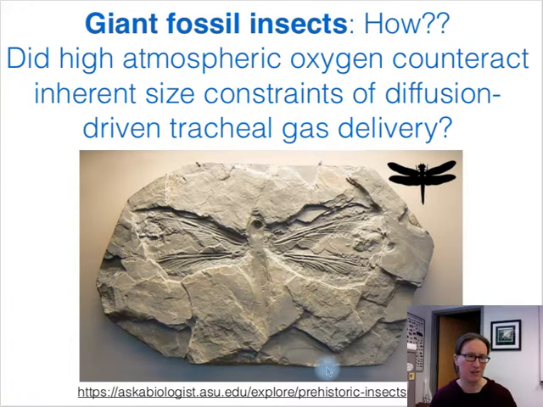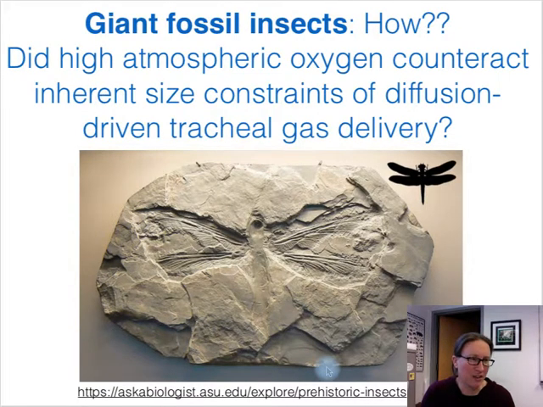Okay. There's some other interesting quirks in insect evolution to think about a little bit. If we go back in the fossil record to the Paleozoic era, so that was about 245 to 570 million years ago, we can find evidence of giant fossil insects. I mentioned this because I've tried to emphasize that diffusion rates in liquids are very slow, right?